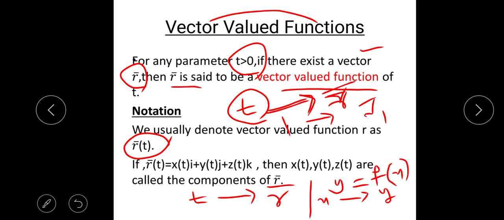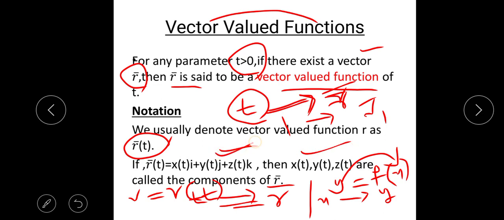So we can represent r as a function of t, just as we represent y as a function of x, right? Hence, here we can denote r is equal to r of t. Now, if r of t is equal to x(t)i plus y(t)j plus z(t)k, then x(t), y(t), z(t) are called the components of r.